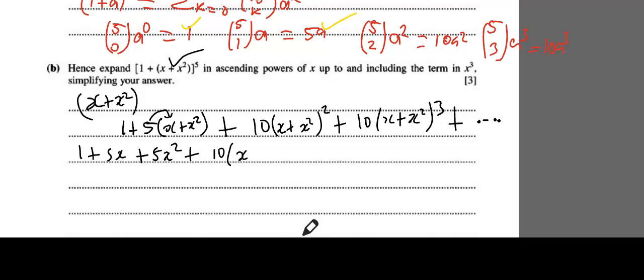This becomes x squared plus 2x cubed plus x power 4, because what we have is x plus x squared. So we have to expand this before multiplying by the 10. We have to expand before applying the product sign. We do the same here, x plus x squared cubed.